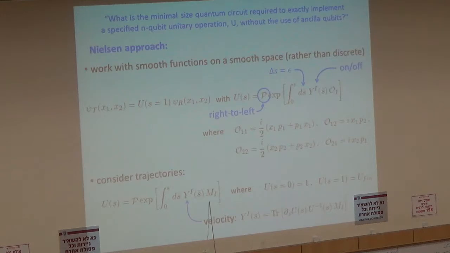And then there's some basis of these matrices for him, and so he takes a trace to identify the various components of y_i. In the sense that I'm taking this derivative, I can see it as a velocity along this trajectory of unitaries. So that's a lot of words, so I should pause.